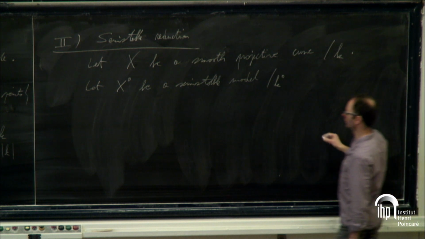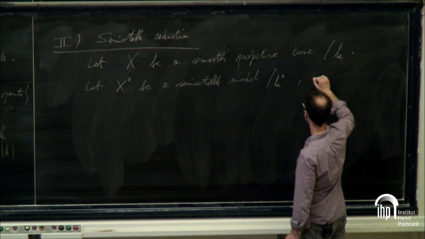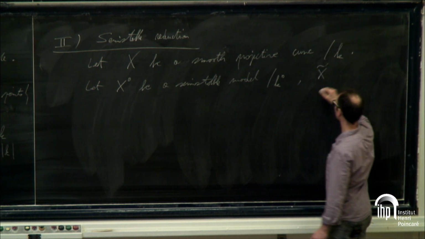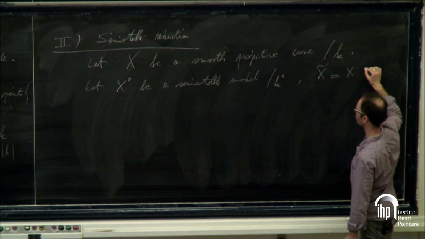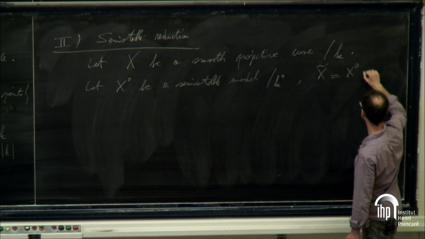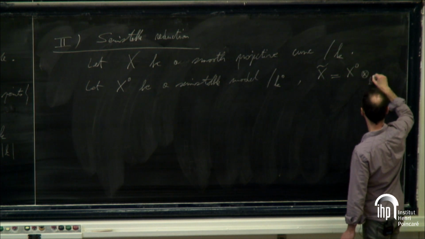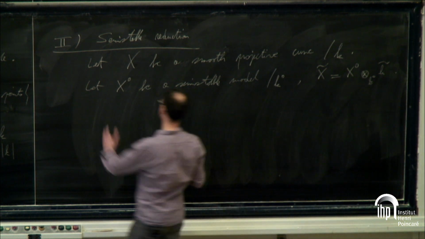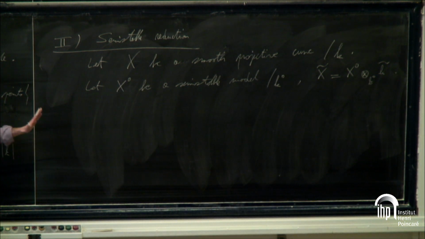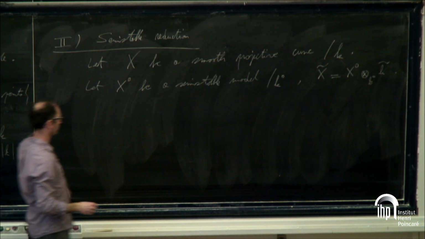Let me look at its special fiber, which I'll denote by X-twiddle, which is just: you start with your model and you tensor with the residue field. For a semistable model, you don't need to care too much about what it means. Basically, it tells you that the special fiber is a reduced strict normal crossing divisor.